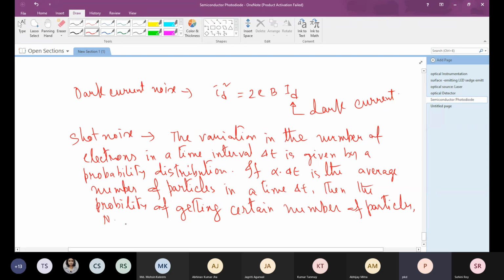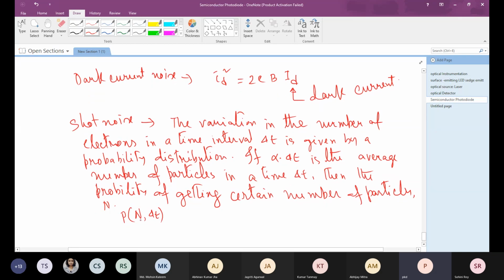The probability distribution will depend on delta t, because it is alpha into delta t, and this value n, that is the expectation of the number of particles in a time delta t. So it's given by p n delta t.